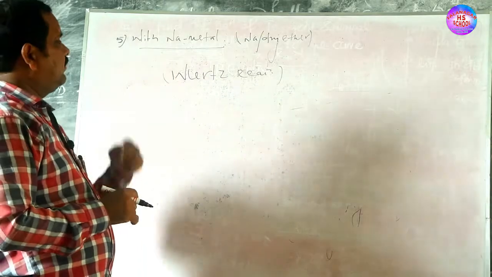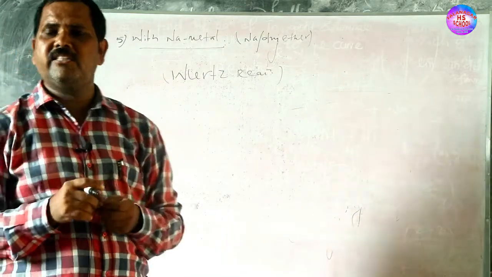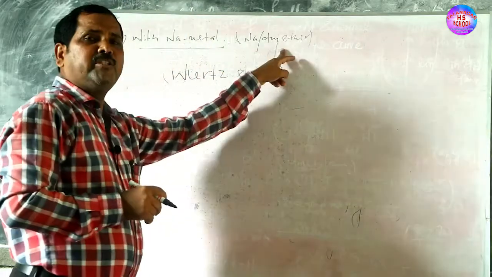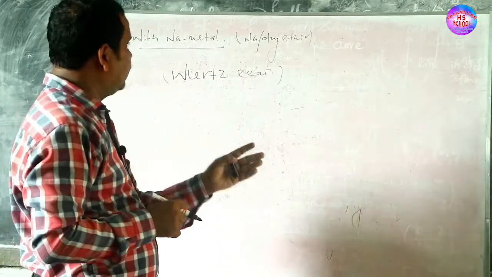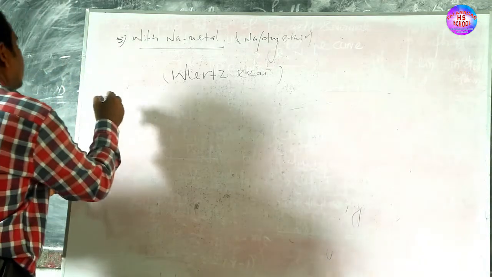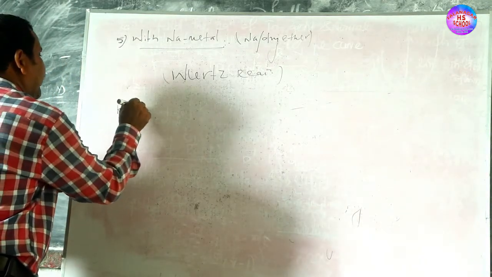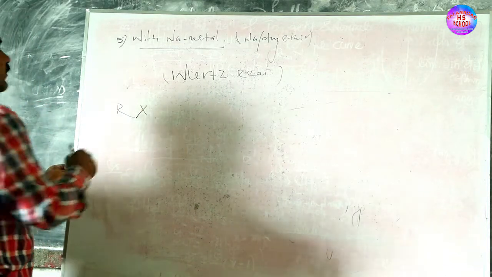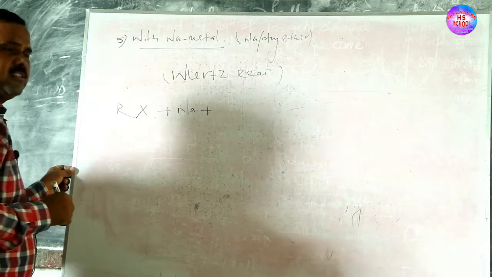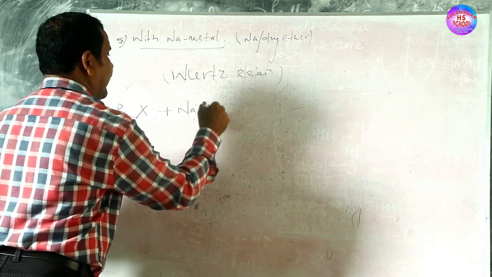In this reaction, 2 molecules of alkyl halides react with sodium metal in presence of dry ether to produce a higher alkane. We write alkyl halide RX plus sodium metal Na plus XR.